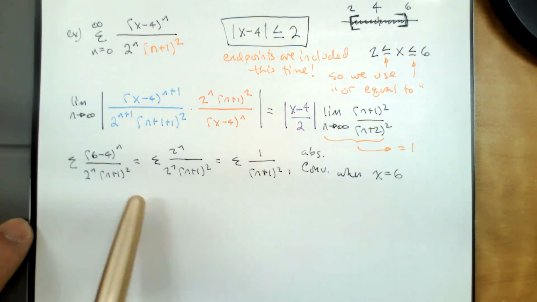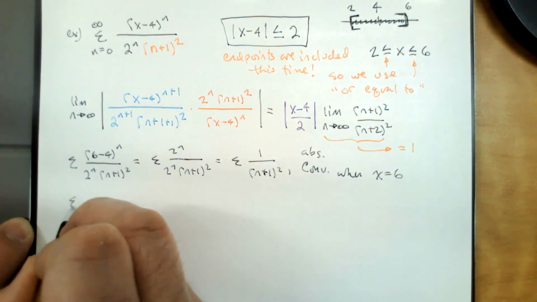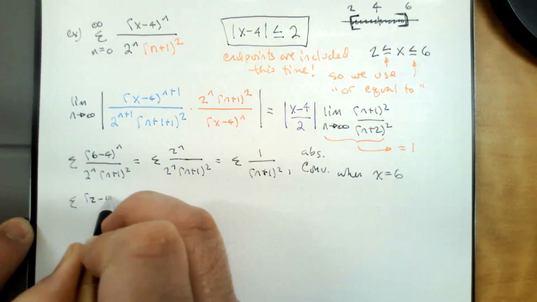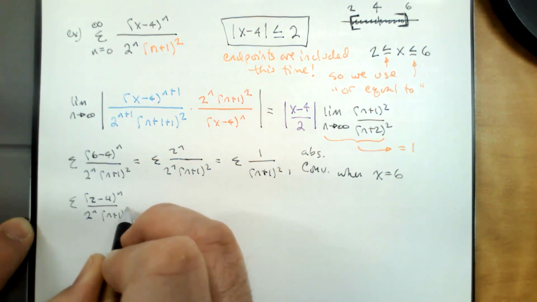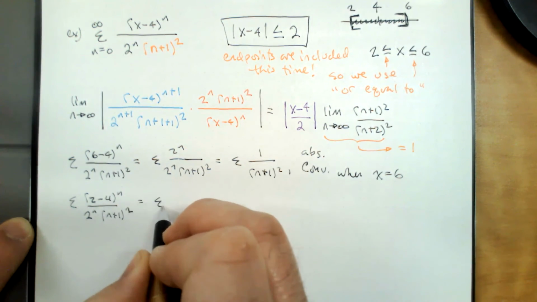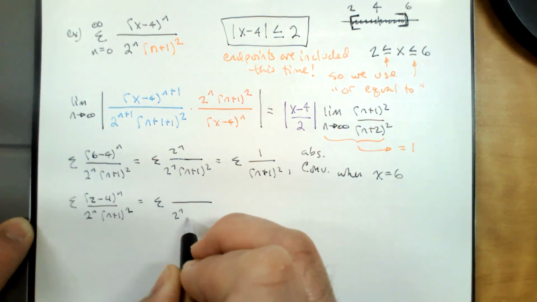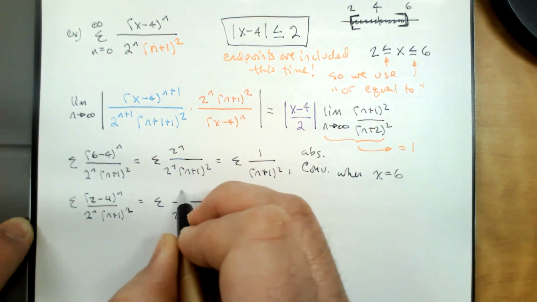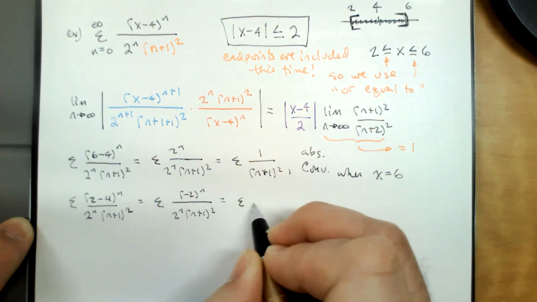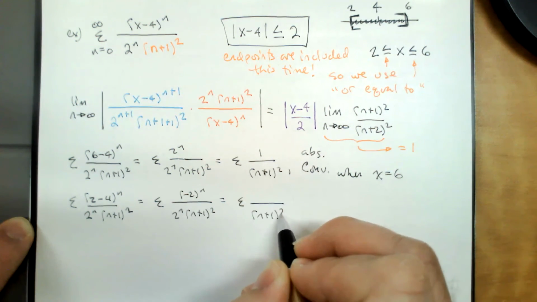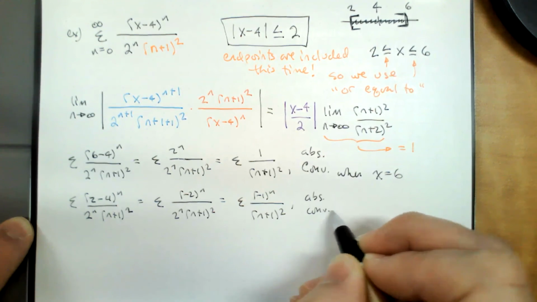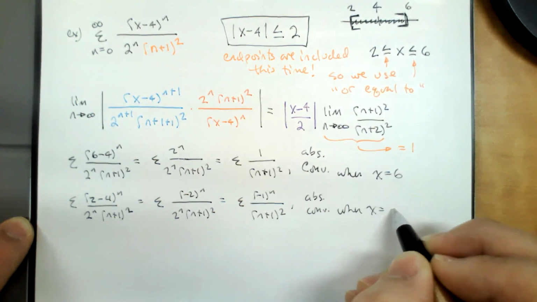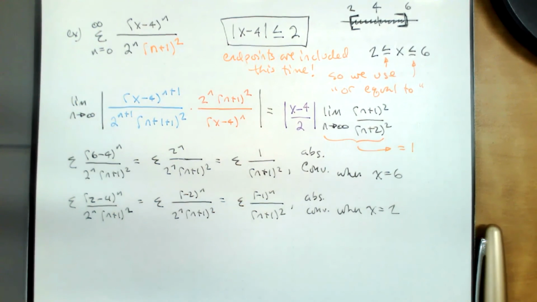Not because we're doing a ratio test, because we're not doing a ratio test on the endpoints. Here's where we're going to get the alternating, and it's not going to matter because we have an n squared in the denominator. In this case, both endpoints are included in the interval of convergence.